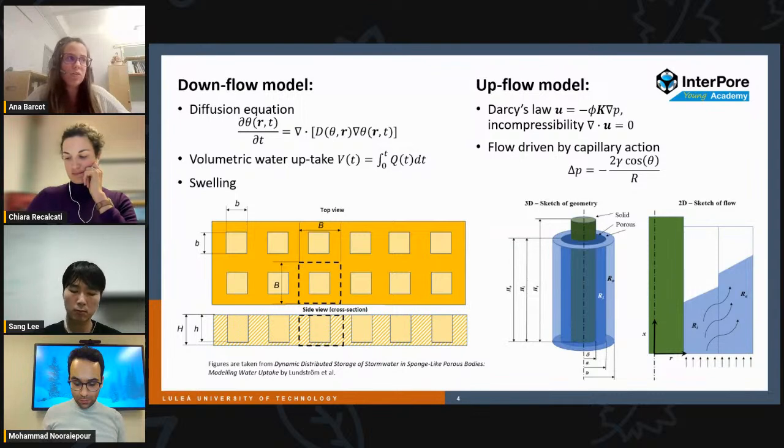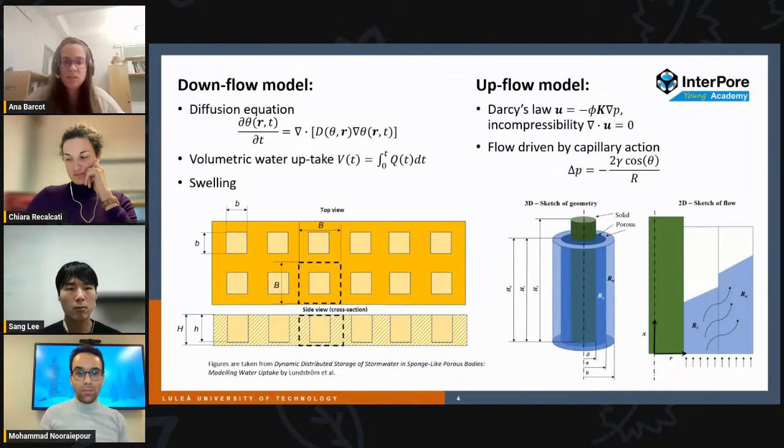So to model the flow into the sponge-like porous bodies, into the absorbent material, we begin by establishing, of course, the governing equations. In particular, for the downflow model, we look at the diffusion equation.